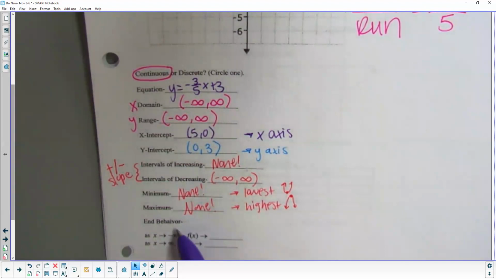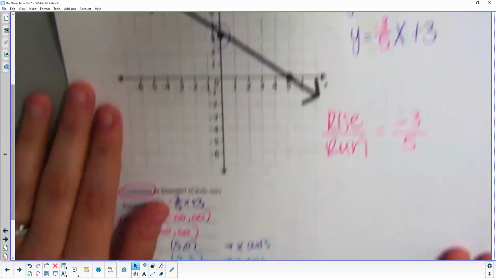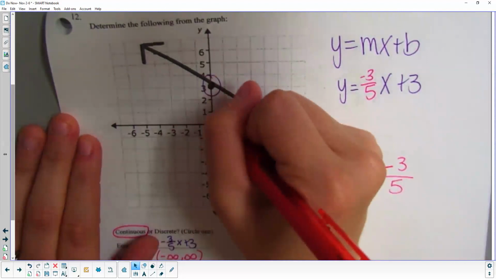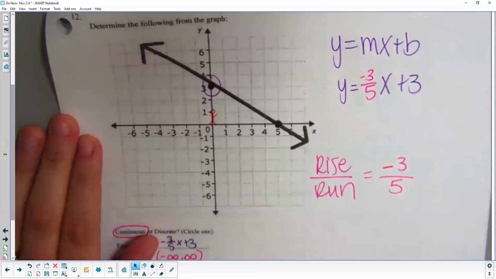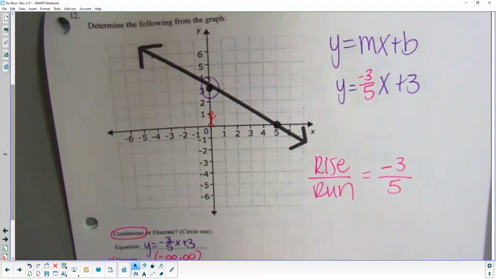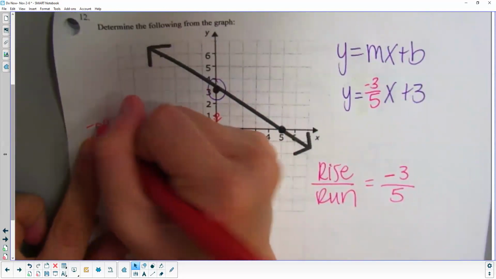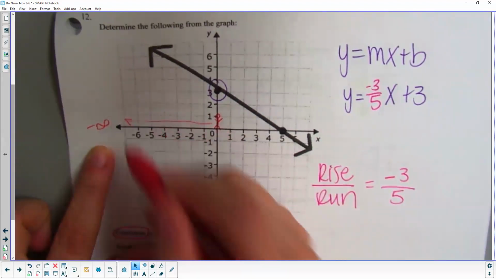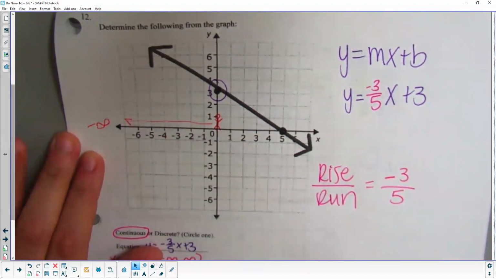Now, end behavior. You really got to think about this when it comes to end behavior. So x is approaching negative infinity. Here's what I tell my kids. Here I am on the x-axis, and I can be driving a car like Miss Sloan said, but we're going towards negative infinity. So we're walking this way. I want to see where the end of my graph is going.